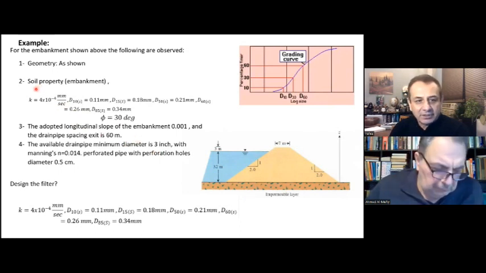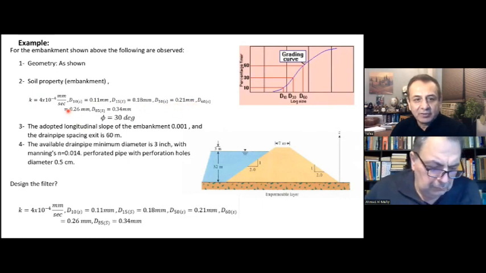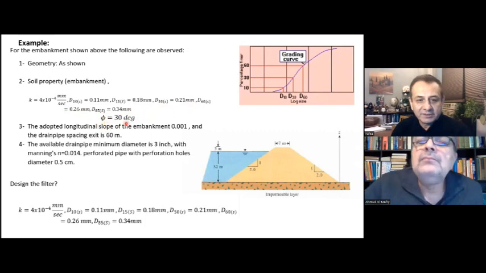Now, soil properties of the embankment. The hydraulic conductivity is 4 times 10 to the minus 4 millimeter per second, and D10 of the soil is 0.11, D15 is 0.18 millimeters, D50, D60, all of those data. And the angle of repose of the soil is 30 degrees.